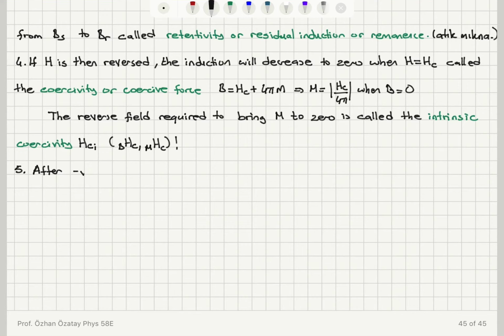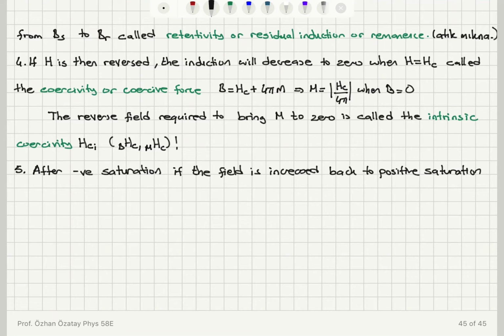After negative saturation, if the field is increased back to positive saturation, the loop that we trace out is known as the major loop.